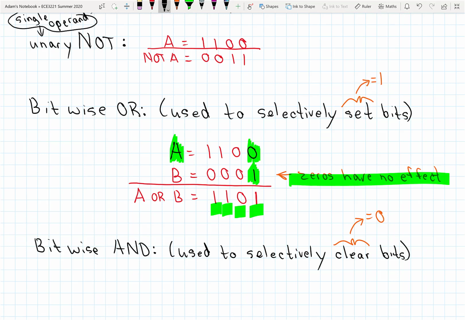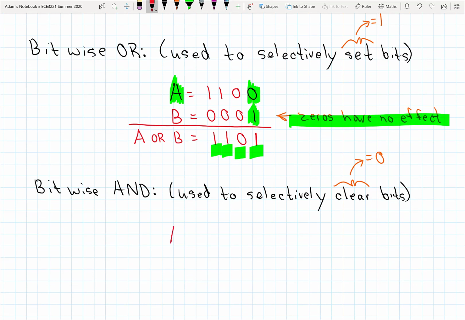Okay, so let's have a look at how this works. If I start with my original value of A again, which was 1100, and I AND it with a value of B, and now I want to force the most significant bit to be cleared. Okay, so when I'm doing an AND operation, I put a 0 where I want to clear a bit, and I put a 1 where I don't want to have any effect on the bits.